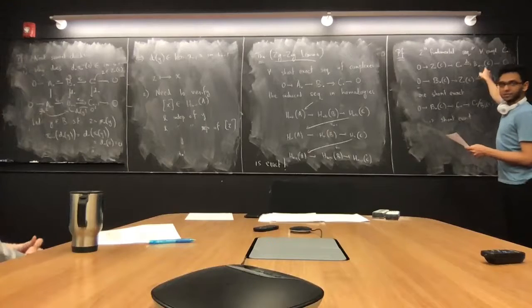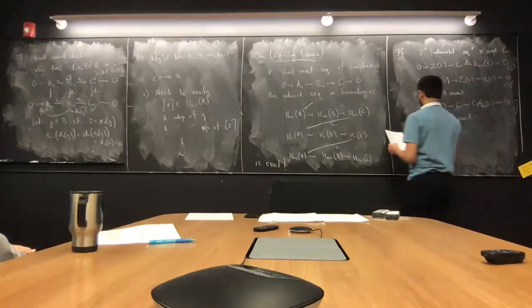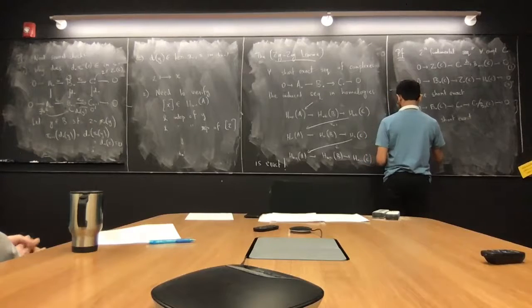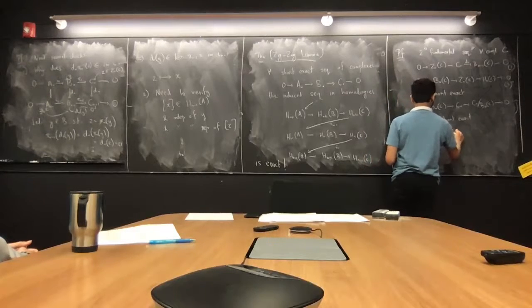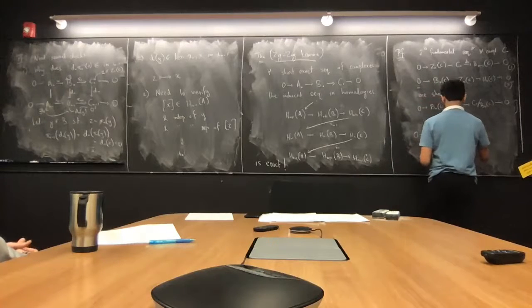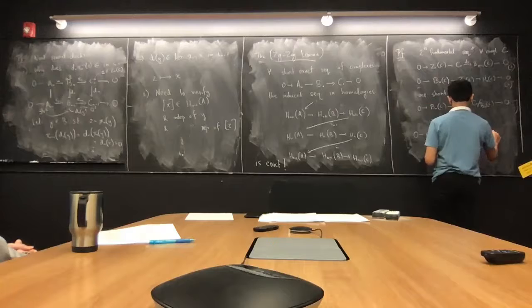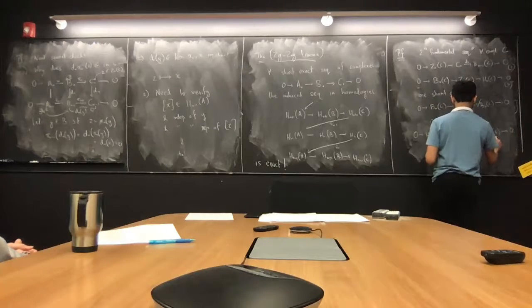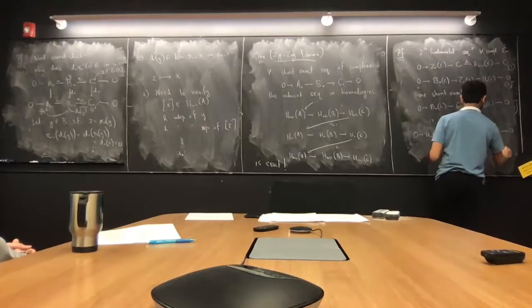So using the exactness of the first one, we also have this exact sequence, where this thing is isomorphic to Cn mod Zn(C).